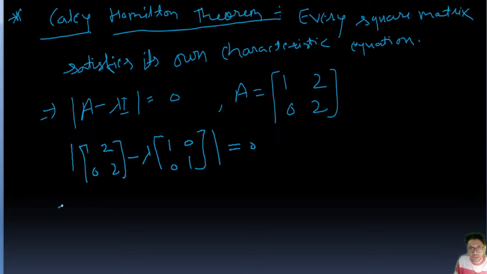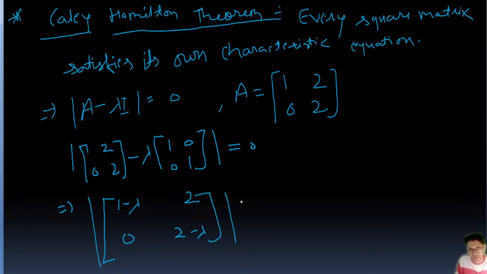So we'll solve it. This implies the determinant of [1 minus lambda, 2; 0, 2 minus lambda] is going to be equal to 0, and this is going to be (1 minus lambda) into (2 minus lambda) equal to 0, right?